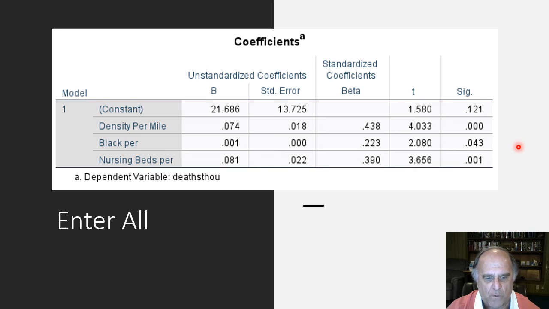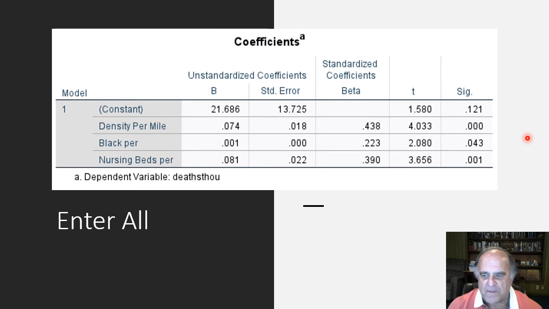Again, for our coding of individuals identifying as Black per 100,000 within the population of the state, it is significant, and the p-value associated with it is 0.043.